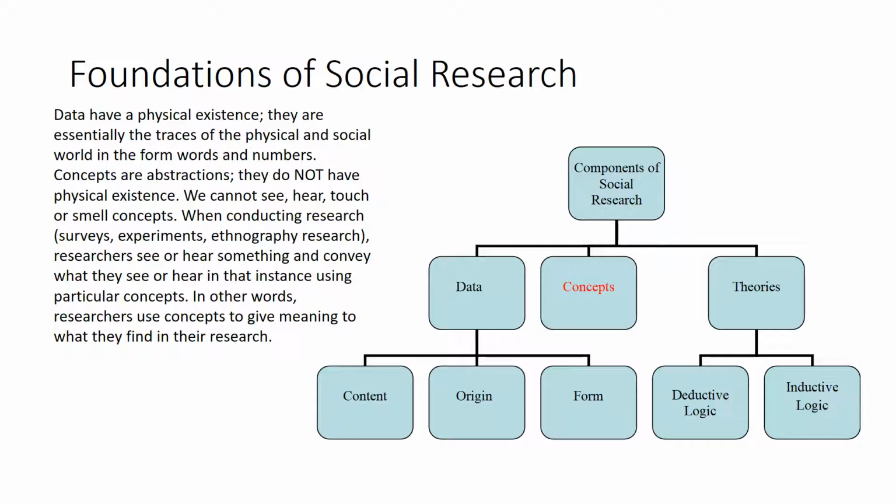When conducting research, using either surveys, focus groups, interviews, experiments, or ethnographic studies, researchers see or hear something, and they convey what they see or hear in that instance using a particular concept. So, in other words, concepts give meaning to research findings.